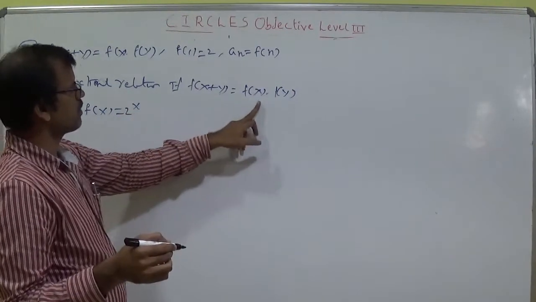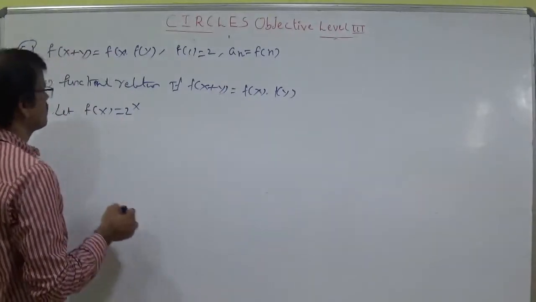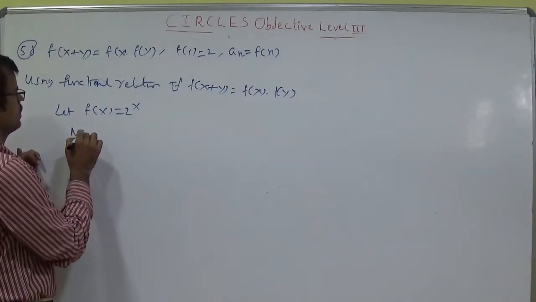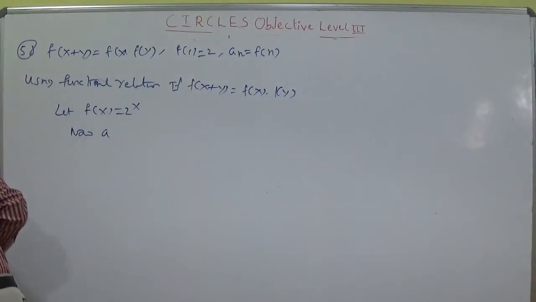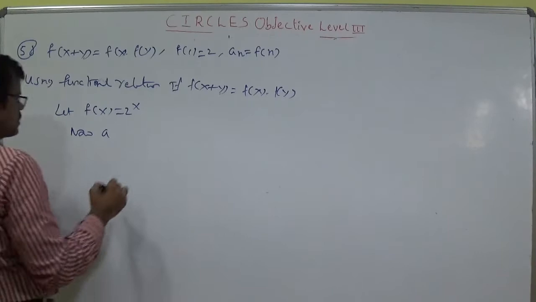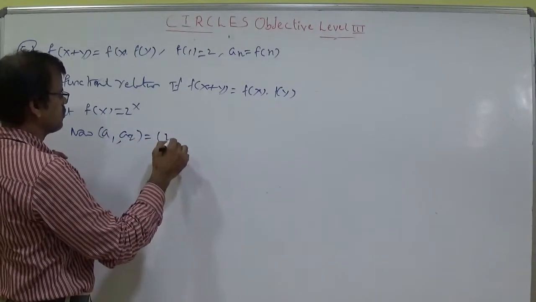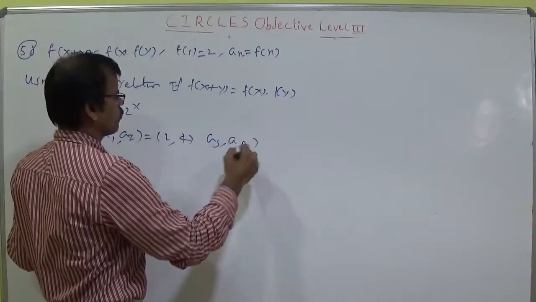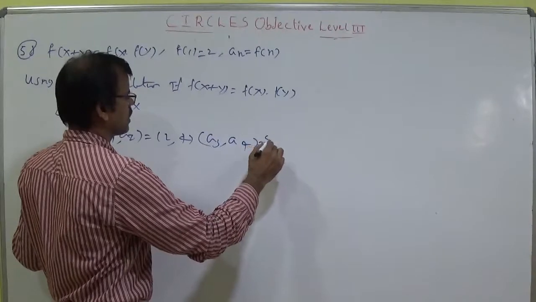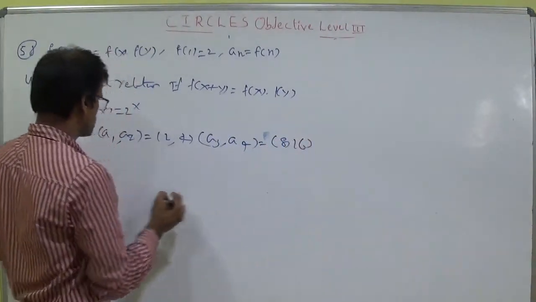Then 2 power x dot 2 power y is equal to 2 power x plus y. It fits. Now he is asking for the end points of diameter a1, a2, a3, a4. Write like this: a1, a2 means (2, 4). a3, a4 means (2 cube, 2 power 4), that is (8, 16).